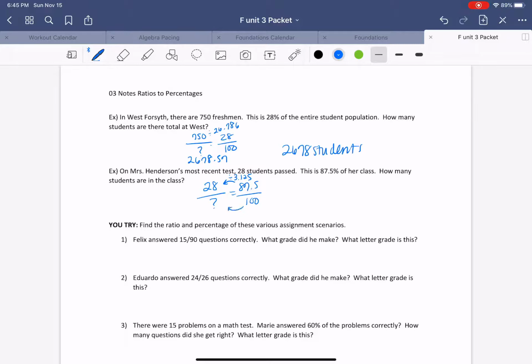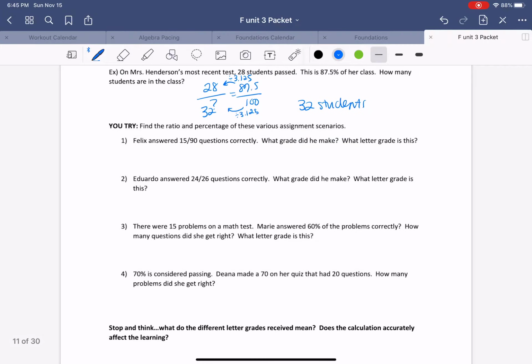So I'm going to divide 100 by 3.125. And I get 32. All right, go ahead and try the next 4 problems.